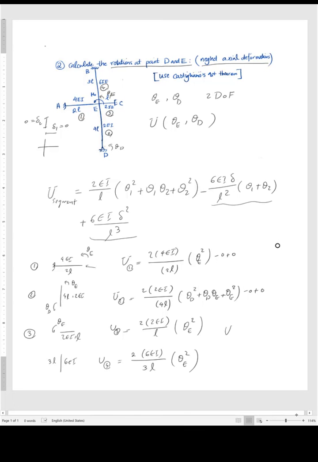So you can write total U as U1 plus U2 plus U3 plus U4.